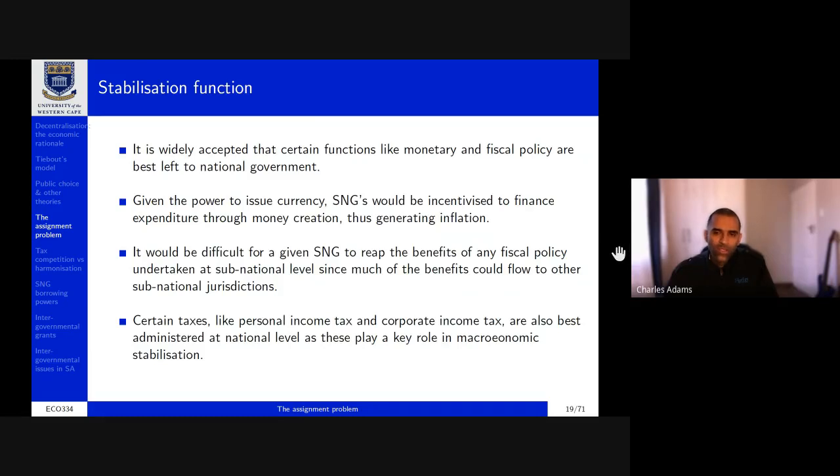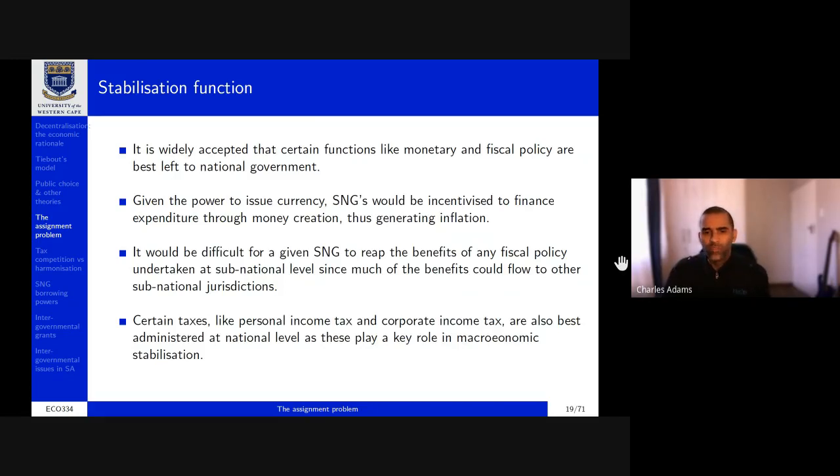It doesn't make sense for each province to have its own currency or to have monetary policy decision-making powers, right, at that level, because the incentive is there to engage in activities that can ultimately lead to suboptimal macroeconomic outcomes, such as inflation, for instance, by expanding the money supply to fund activities.